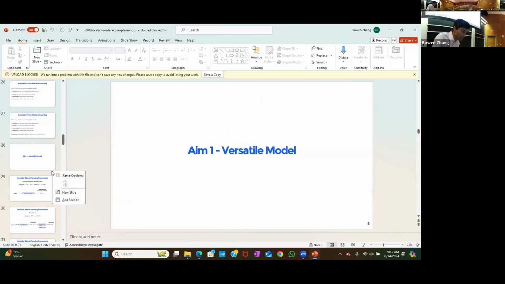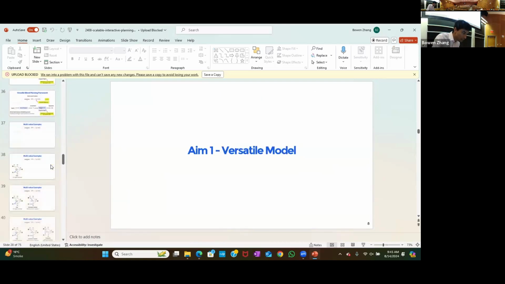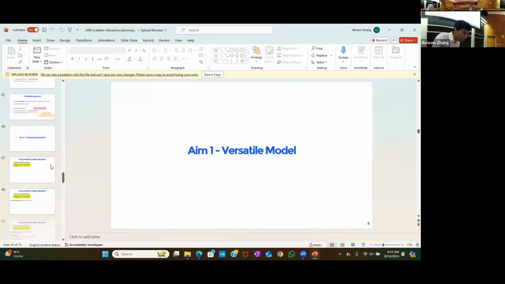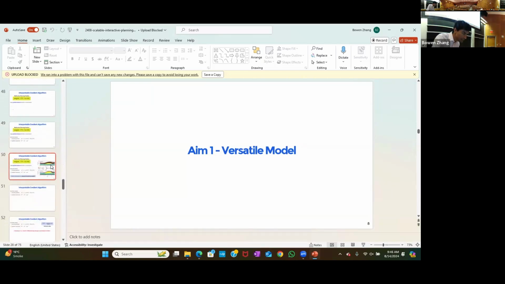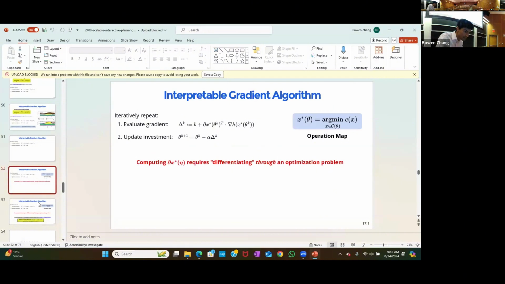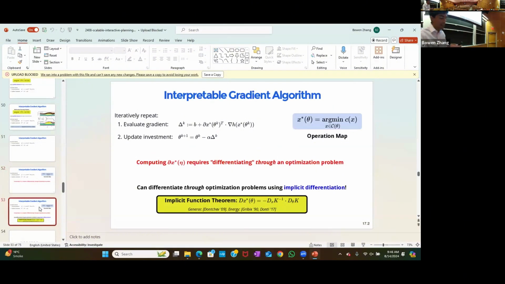Let me see if I can find the slide later. So the idea is that X star solves an optimization problem that chooses the operational decisions. In practice, the way you evaluate X star is by modeling the problem in your favorite modeling language like Pyomo or CVXPY, calling a solver, and then extracting the results.